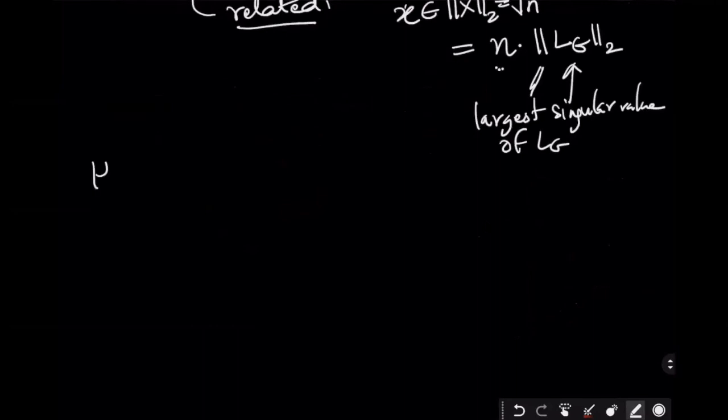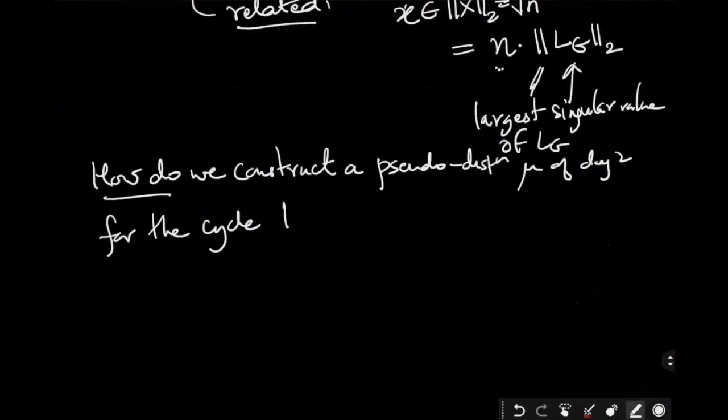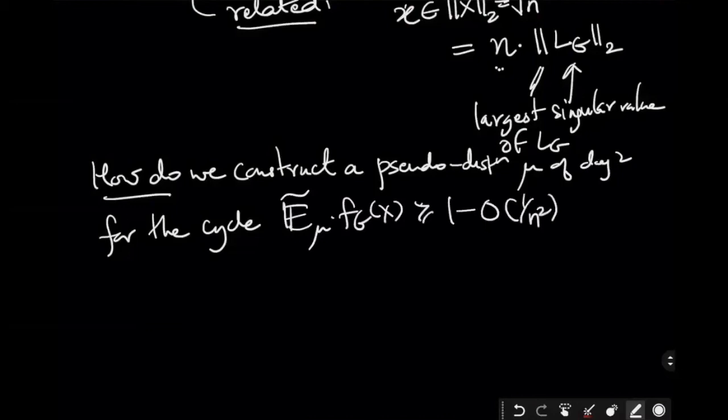With this prologue, I can tell you how we construct a pseudo distribution for the cycle, a pseudo distribution mu of degree 2, that satisfies the expectation of f_G(x) under tilde mu is at least 1 minus O of 1 over n squared. How do we do this?